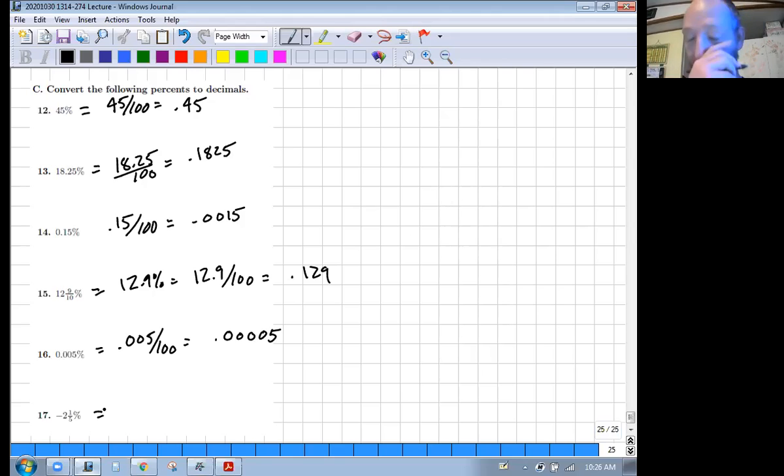Negative 2 1/5, that would be negative 2.2% or negative 2.2 over 100.